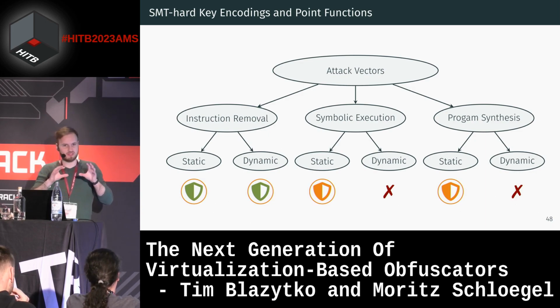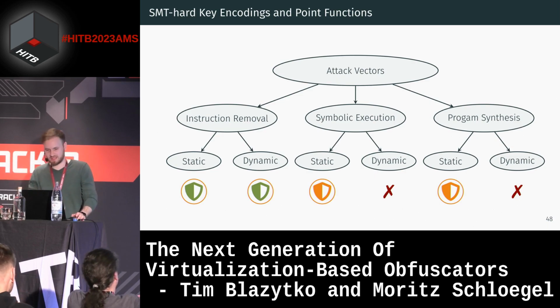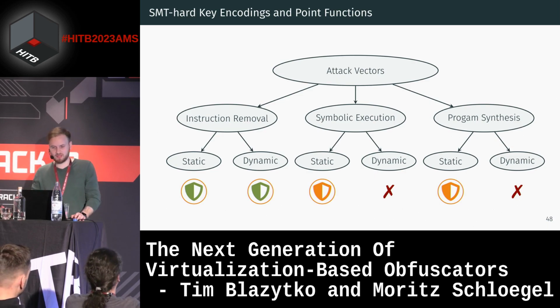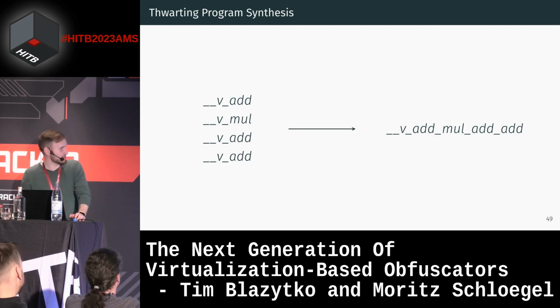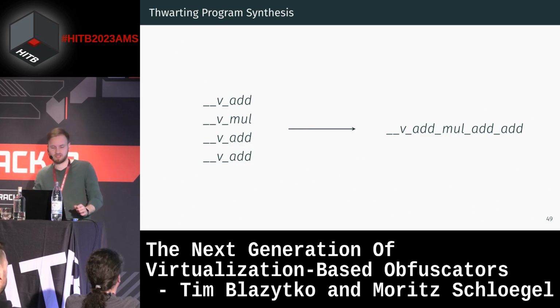So to specifically target all program synthesis attacks, there's one technique we can use. And the intuition is basically, instead of having these simple generic handlers here on the left side, like an addition or multiplication, which are called one after another, we could have one complex, large handler, which does all of that based on what the program needs.